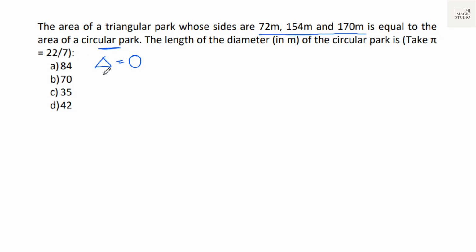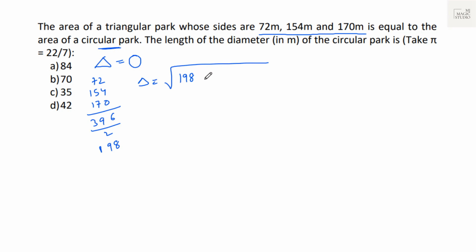For the area of a triangular park, we can use Heron's formula. First, we need to find the value of S: 72, 154, 170, which sums to 396, and 396 by 2 is 198. So the area of the triangular park is root over S into S minus a: 198 minus 72 is 126, into 198 minus 154 is 44, 198 minus 170 is 28.